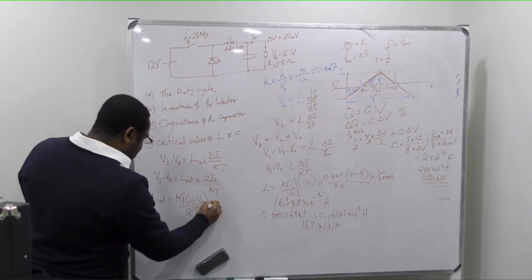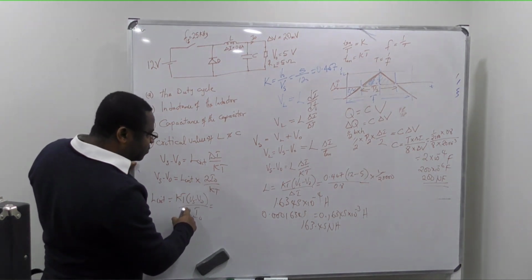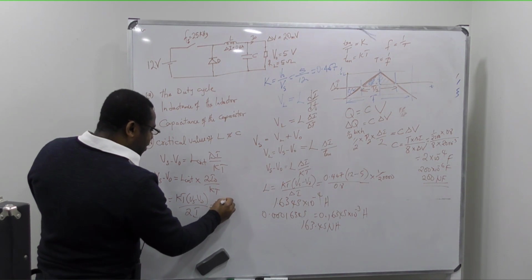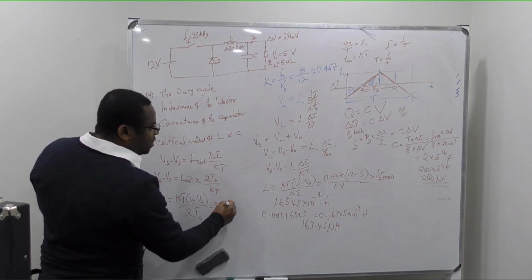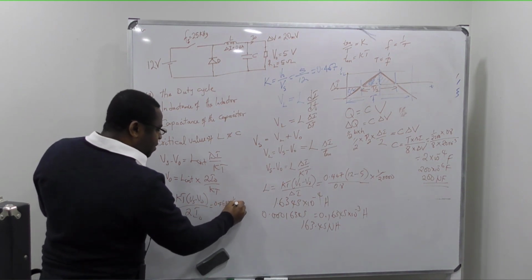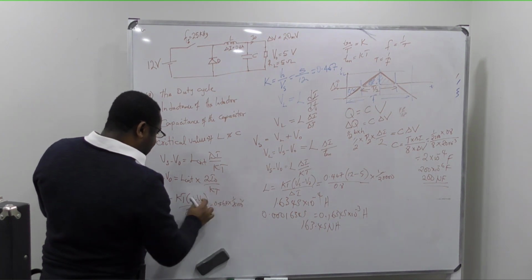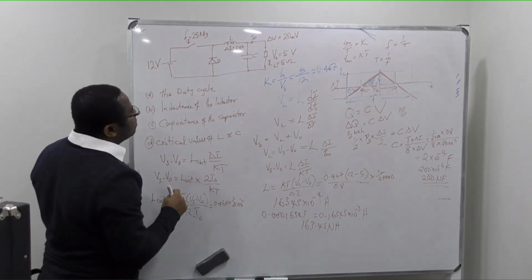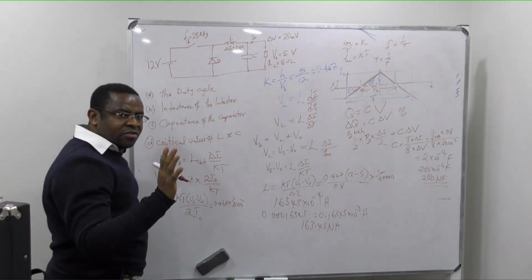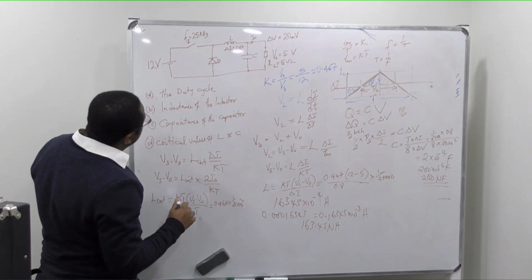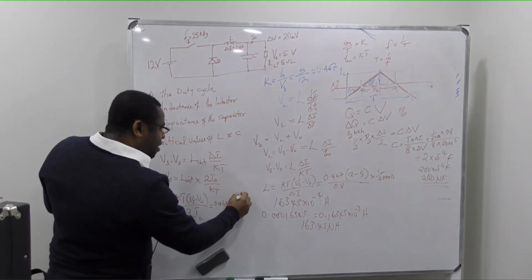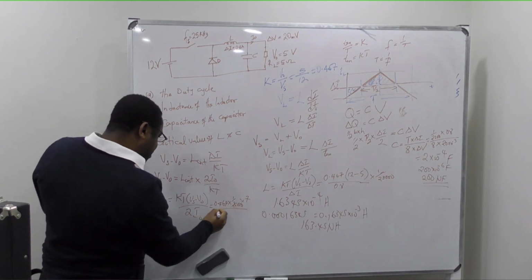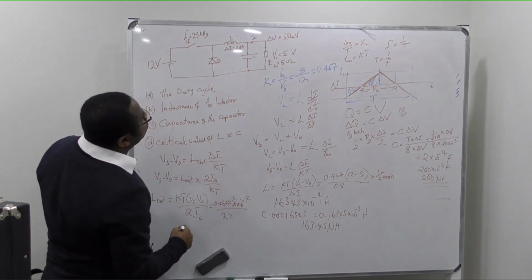So from here, our K is 0.467, and our T is 1 over 25,000, and Vs minus Vo, which is 12 minus 5, is 7. Now divide by 2 times IO.